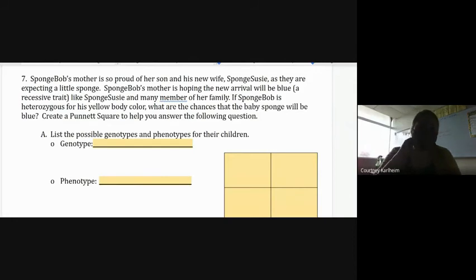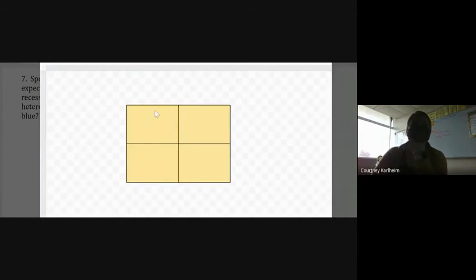If SpongeBob is heterozygous for yellow, so 1 of each, what are the chances that the baby will be blue? Sorry, I just have to read this one more time. Oh, sorry, Sponge Susie is blue, so it says that right there. My bad. All right, so we know that Sponge Susie, the mom, has to be recessive, so 2 little E's.